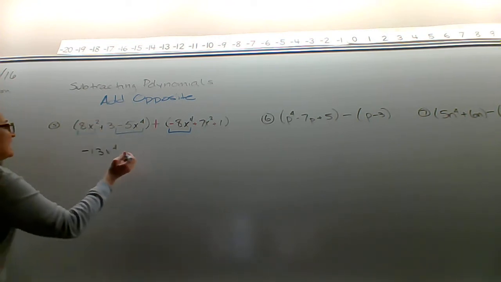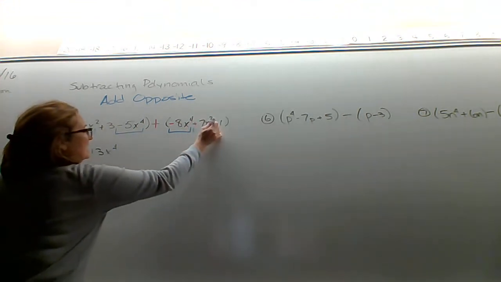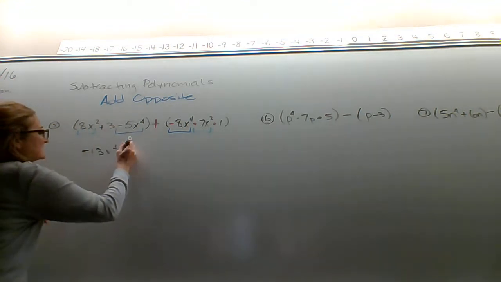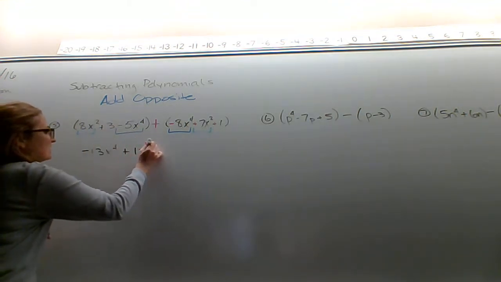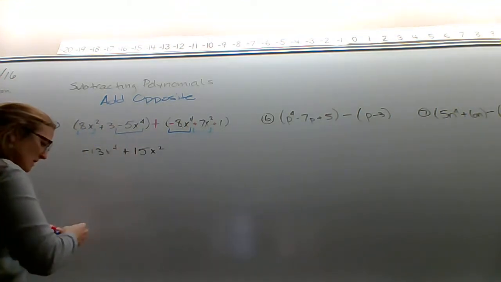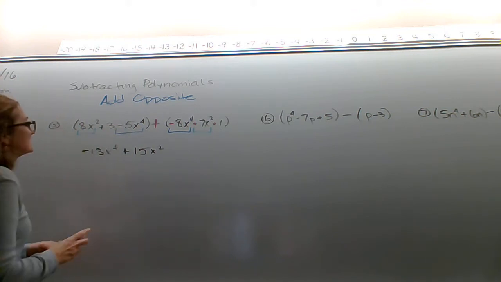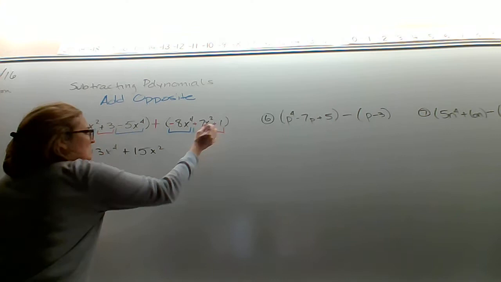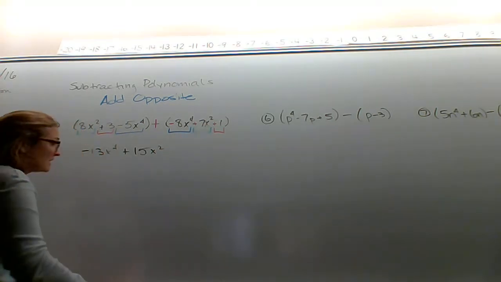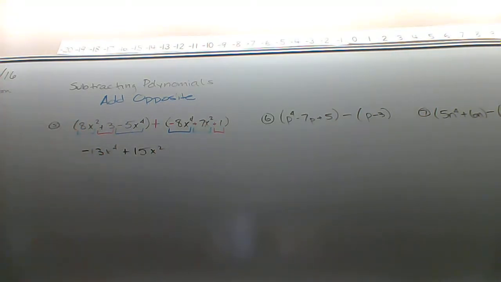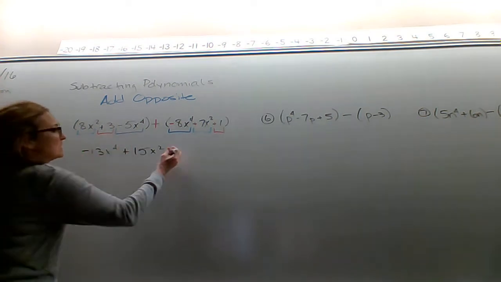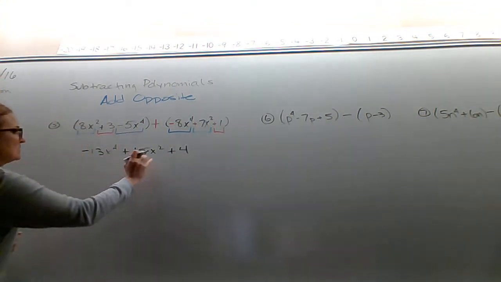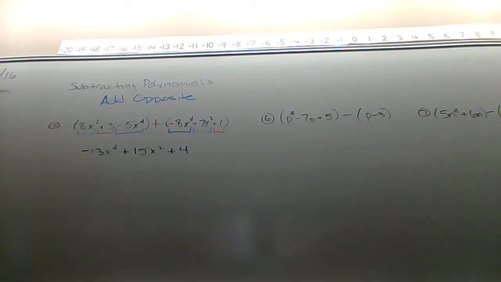You've got 8x squared and a positive 7x squared, and they combine for a positive 15x squared. And then we've got our constants, the positive 3 and the positive 1, and they combine to give us positive 4. Don't forget your signs. In between every term, you need a sign. All right, that looks pretty good.